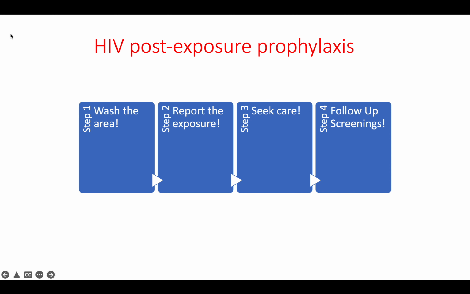So we want to hand wash the area with soap and water. Then when you're reporting your exposure, you want to let your charge nurse know so that they can follow the institution's policy on what to do next. Usually that is where they get employee health involved, and then you'll do some testing and maybe some medication.